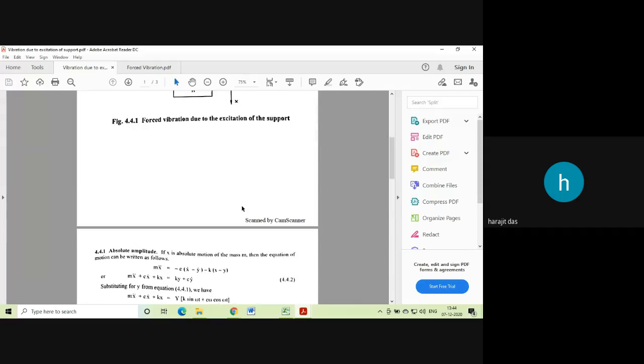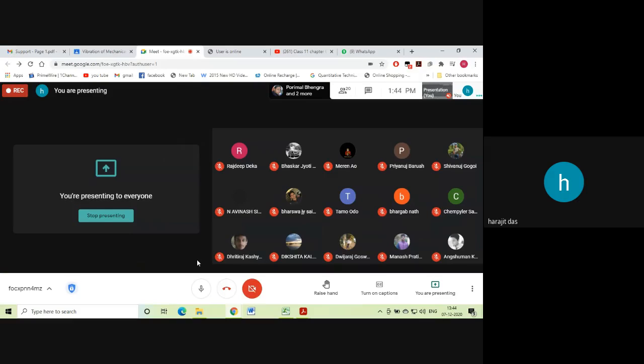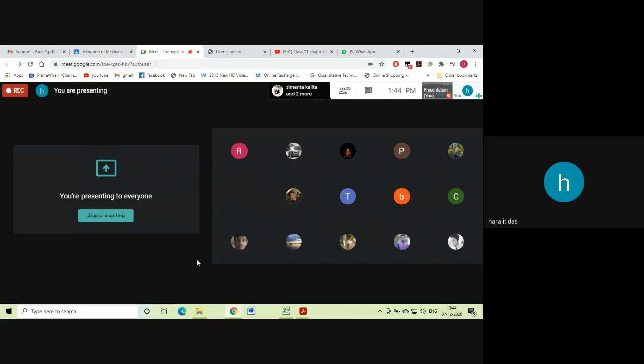Absolute means what? Suppose the temperature of this room is absolute 30 degrees centigrade. If it is asked as absolute, what does it mean physically? At the micro level, if you want to measure the temperature, it is the collision among the molecules.